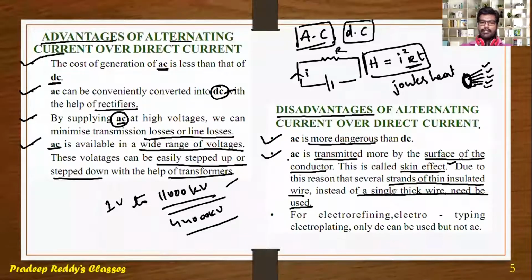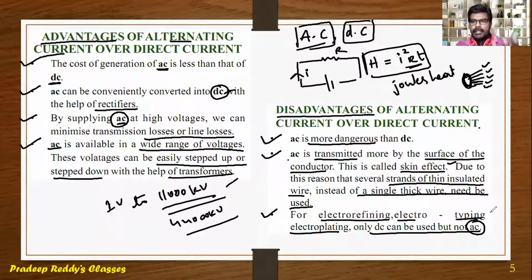This is one disadvantage. Second, for electro refining, electrotyping and electroplating, only DC can be used but not AC. So of course there are a few applications of DC and a few applications of AC. DC cannot be used to run a big industry, we will be using AC.